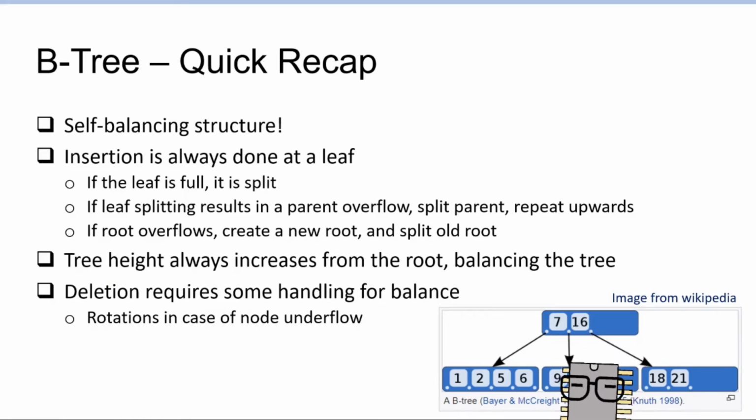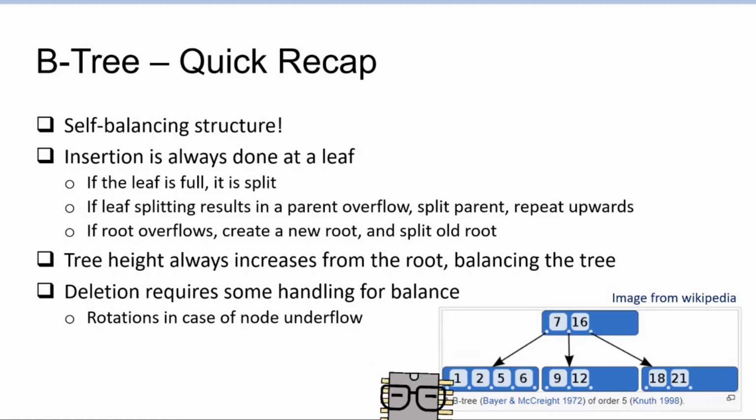So you go to the middle leaf, and then you compare against 8 and 12, so that you know that you can now insert it before 9. Insertion is always done at the leaf. And the special case is that if the leaf is full and you can't insert it into that leaf, then the leaf is split.